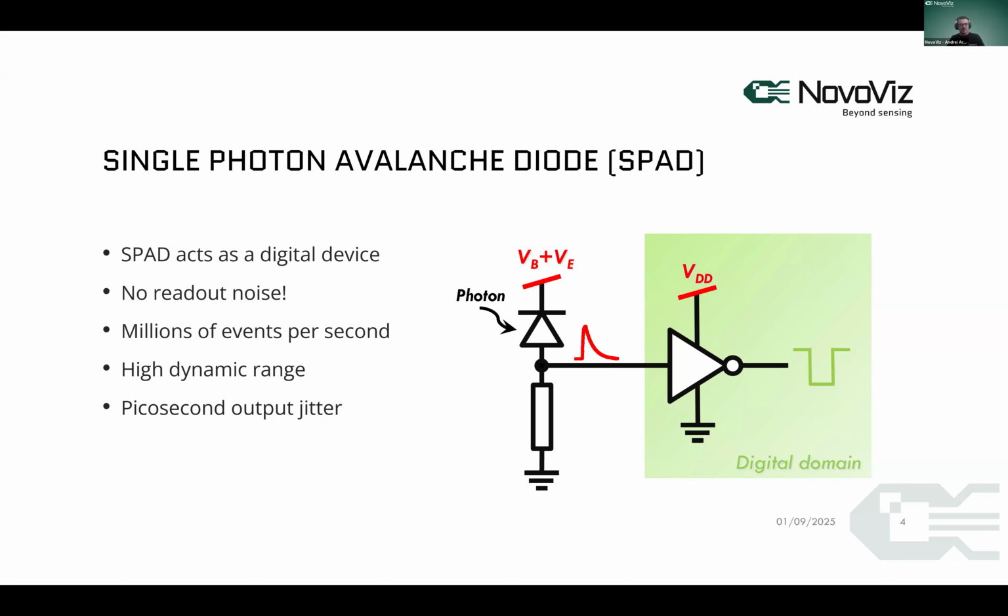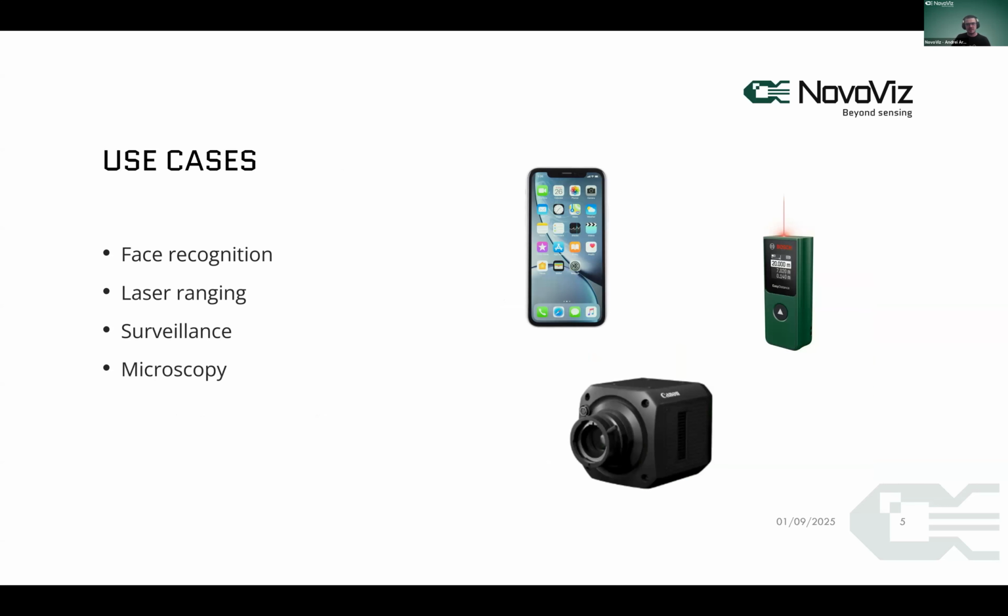And an extra benefit is the picosecond jitter. The jitter between the moment the photon hits the diode and the edge of the output pulse is on the order of picoseconds, which allows us to use these SPADs for time of flight, which was the main driver for this technology, and is currently being used like this in commercial products, like the face recognition in Apple products, or laser distance measurement.